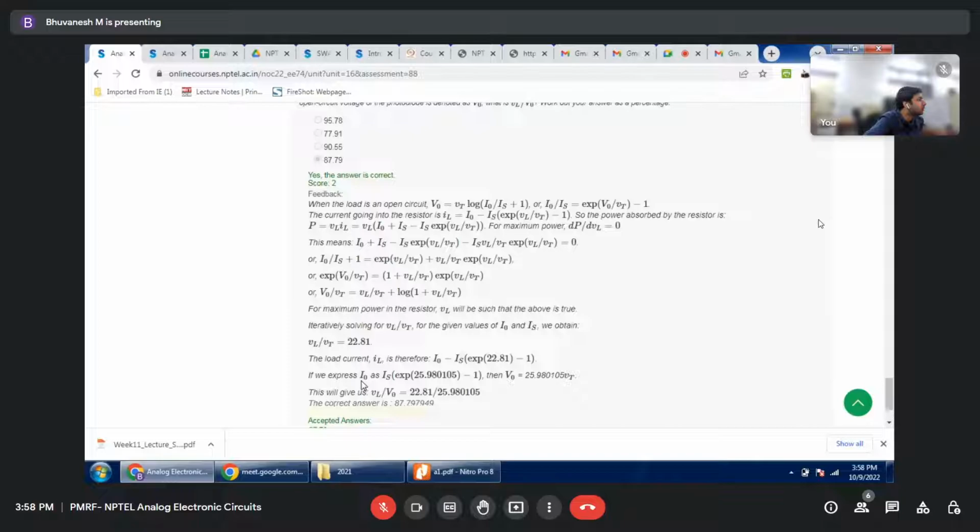I naught plus, for maximum power, dP by dVL is equal to 0, and this exponential is this.